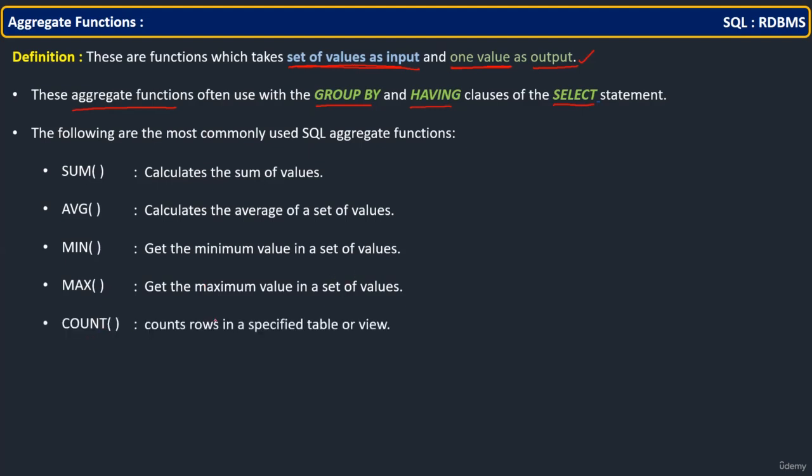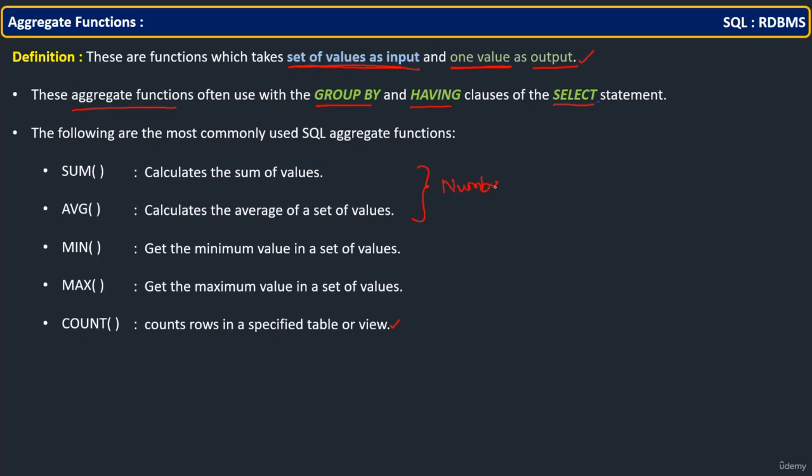And then count. It simply counts the number of rows in a specified table. This requires somewhat extra explanation, but for time being let it be, we will see it separately. Very importantly, based on the meaning of these aggregate functions, if you consider sum and average, you can apply them always on numbers only.